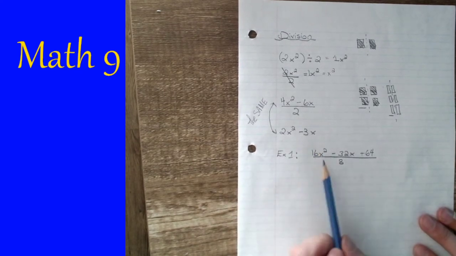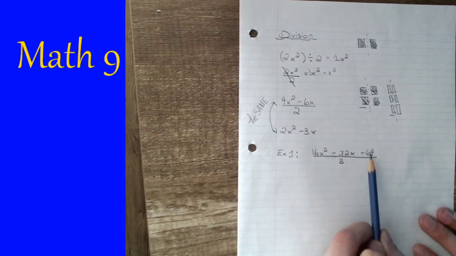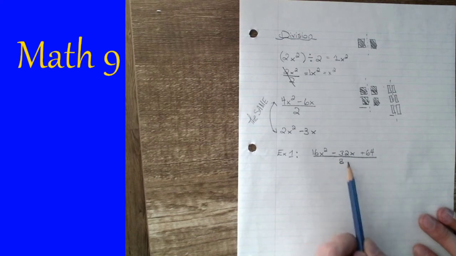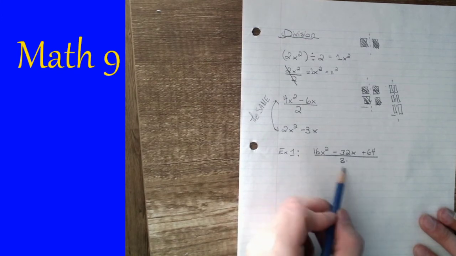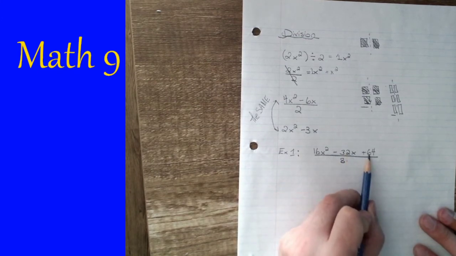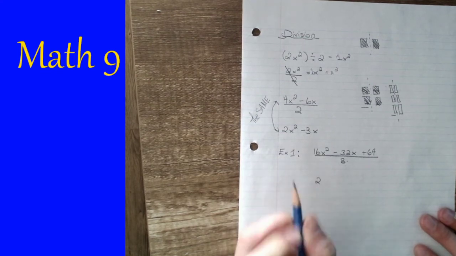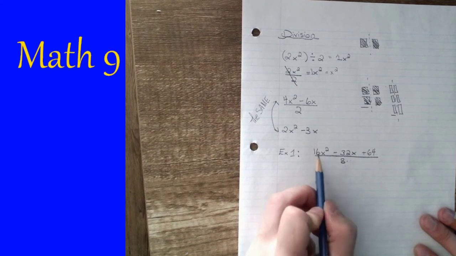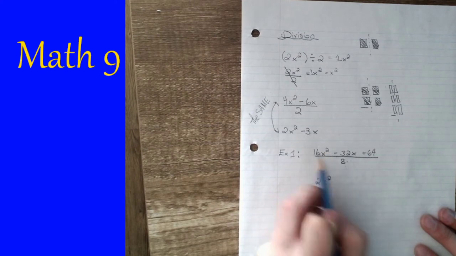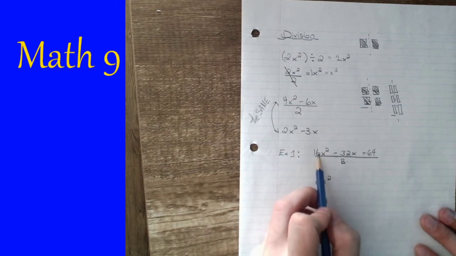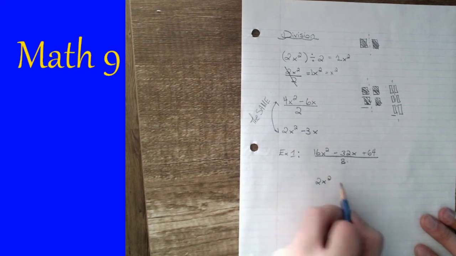So this represents 16x squared minus 32x plus 64. All of this is divided by 8. So I would just systematically go through each term and divide it by 8. So 16 divided by 8, well, that's 2. It's not really 16, it's 16x squared. But I can get the coefficient by just looking at the numbers that are happening here. So 16x squared divided into 8 groups is going to be 2x squared in each group.